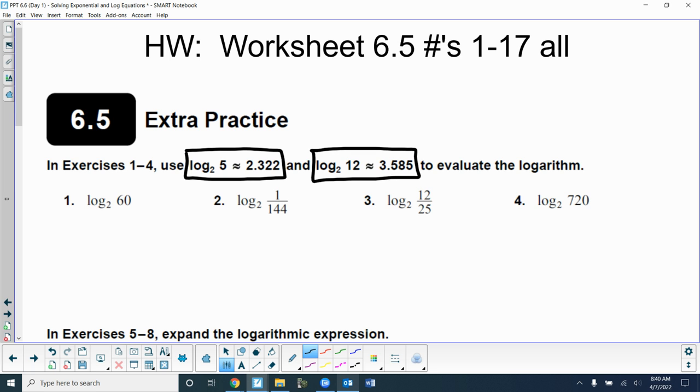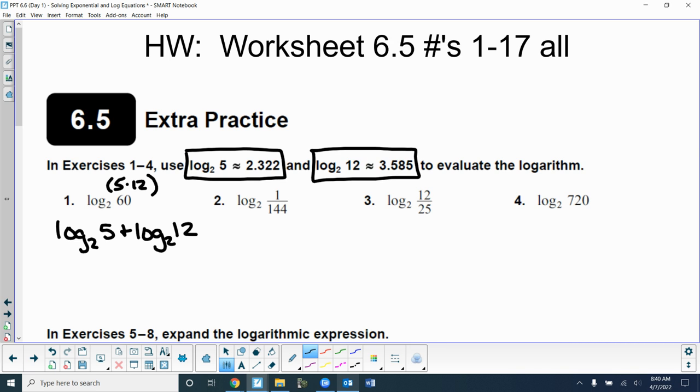They wanted us to rewrite 60 as 5 times 12, okay? And according to our properties or rules of logarithms, we can rewrite this log base 2 of 5 times 12 as log base 2 of 5 plus log base 2 of 12.